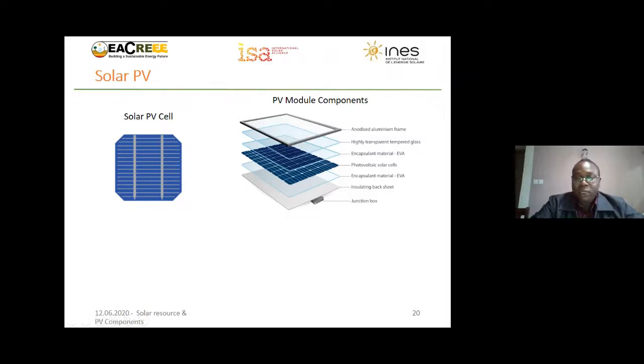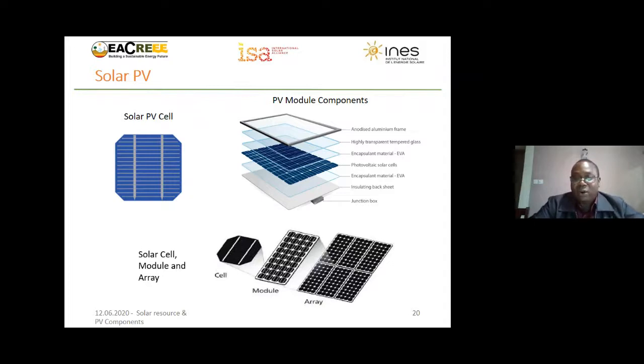So when we have this module together, at times we require to collect more energy, and that is where the connection of many modules in some architecture comes in, and that connection, an assemblage of many PV panels, we refer to as a solar array. So this is the basic architecture of a solar PV module.